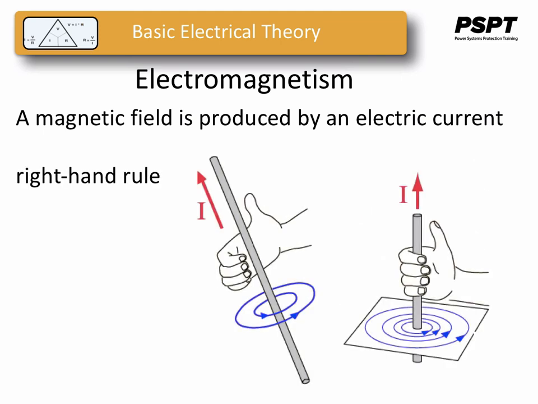The direction of the magnetic lines of flux is given by what we call the right-hand rule. If we place our right hand on the conductor and the thumb is pointed in the direction of the current flow, then the magnetic field forms concentric circles in the direction of your fingers, as demonstrated in the diagram here.